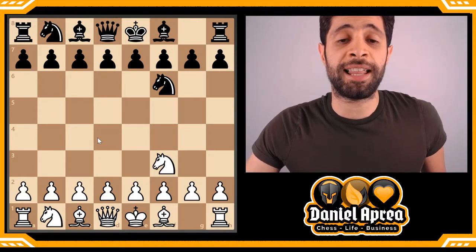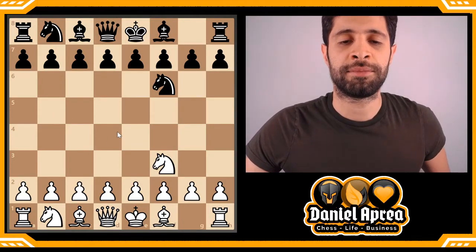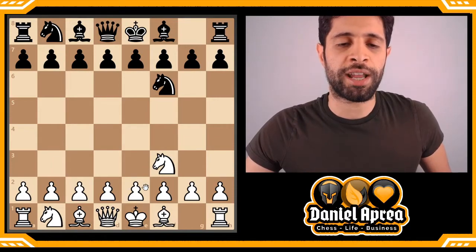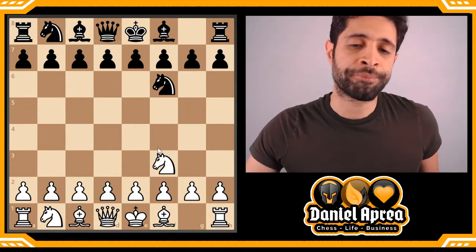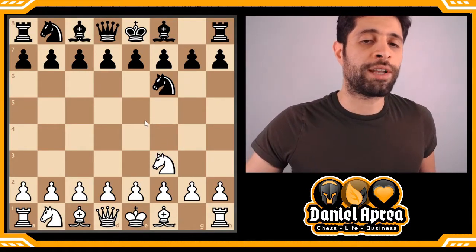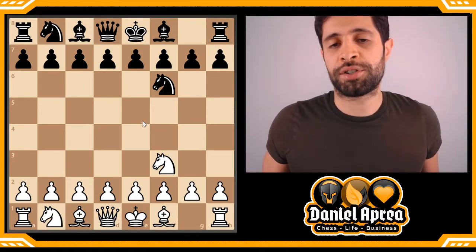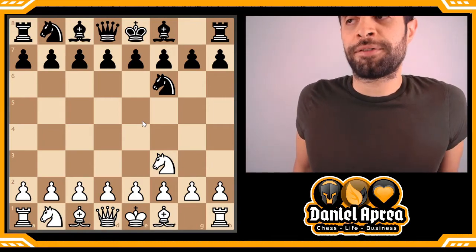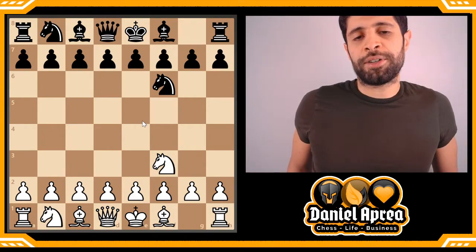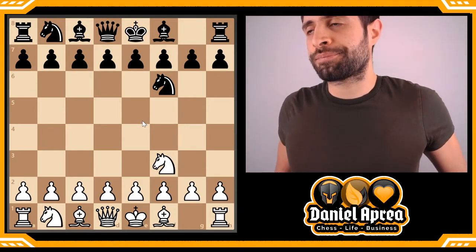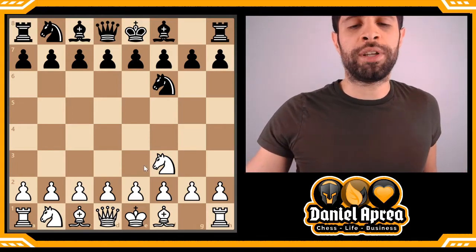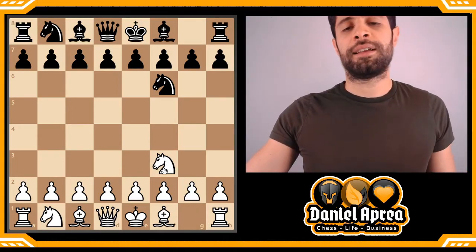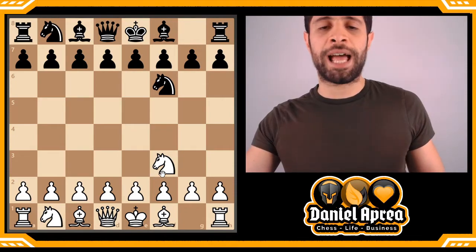In that case, if it happens 3 times, you can claim a draw, and normally the arbiter would just check that it's true and give you the draw. Another way to end the game, which probably doesn't happen very often at beginner level, is the 50 move rule. Whenever you play 50 moves, and by the way, when we say move, it's 1 half move by white and 1 half move by black.